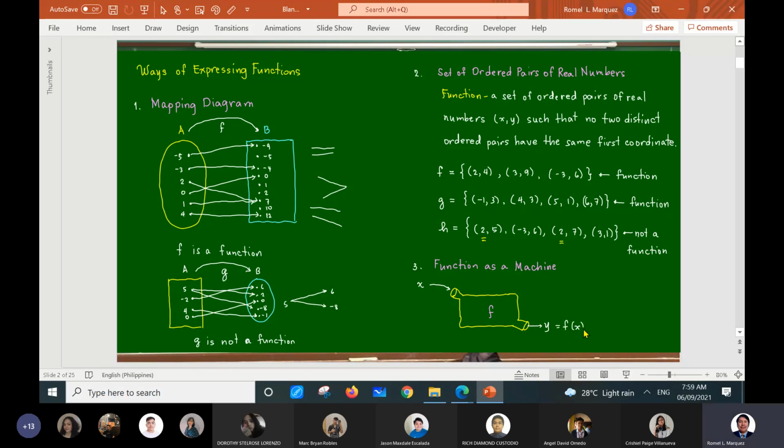That y is f of x. F is going to work on x, and that is actually the y. In simplest form, you can also call that f of x, the output after processing x. Is that clear, guys? So that's how a function looks like as a machine.